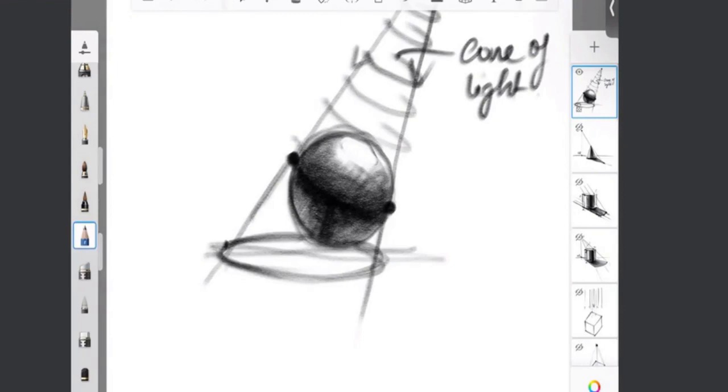As far as the cast shadow is concerned, the same rule goes here. Okay, the part right next to this object, because it's directly being blocked by the sphere, this would be the darkest. As we move towards the extremes, this would keep getting lighter because of the reflected light.